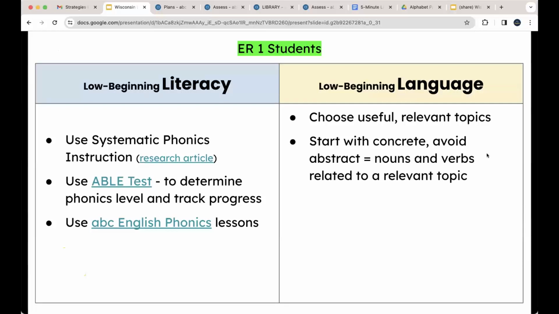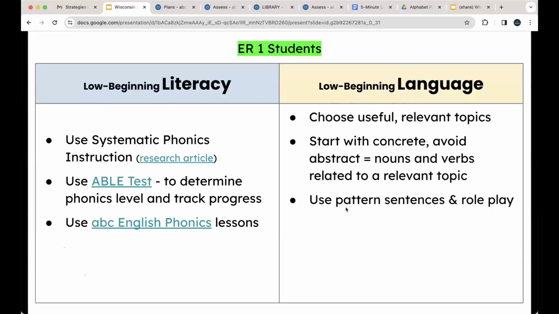Because they're abstract, it's challenging to address those effectively at the low beginning level. They are very, very important to address, but probably not the main focus at the low beginning level. That's something you'll start addressing more at a high beginning and intermediate level. So if you're getting stuck, you might want to think about making it more concrete and less abstract.